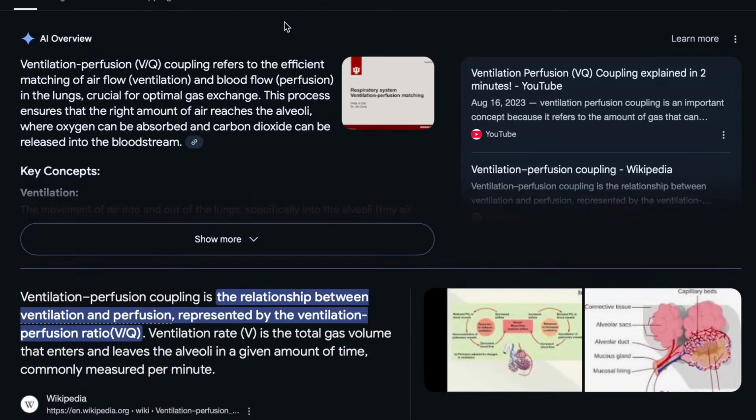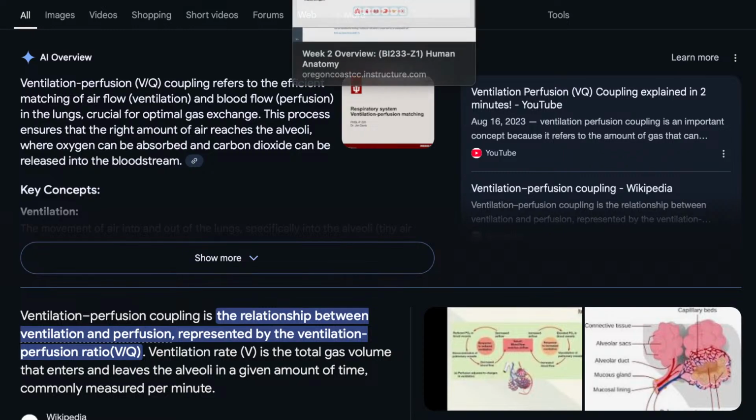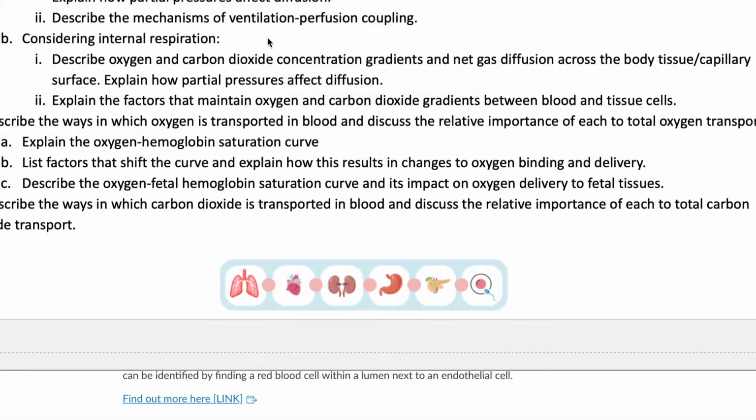So the coupling, ventilation perfusion coupling, just refers to that general topic, that they both need to be efficient and they both be working well. So another way you can think about this is conducting airways, whether they are efficient, and also gas exchange areas, whether they're efficient or not. Respiratory areas, I should say.